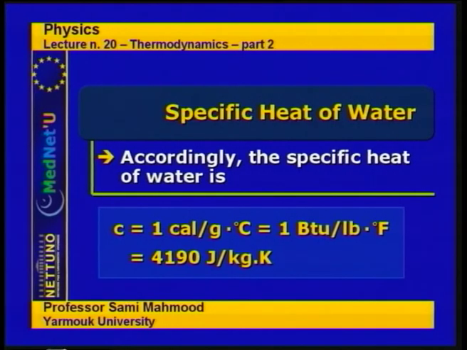That is the specific heat of water, 4,186. And approximately, we write it as a good number, 4,190 joule per kilogram Kelvin. That is the specific heat of water.